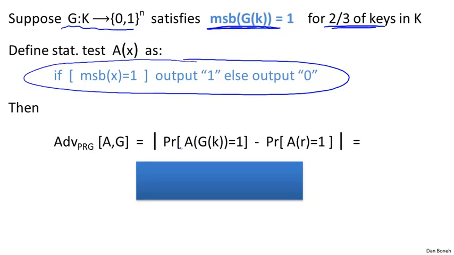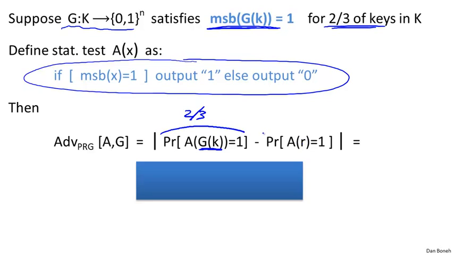Let me explain. Suppose we give the statistical test pseudo-random input. By definition of G, we know that with probability 2/3, the first bit in the input will be 1, and then the statistical test will output 1. In other words, the probability that the statistical test outputs 1 is exactly 2/3. Now let's look at the case of a random string. How likely is it that the most significant bit of a random string is 1?